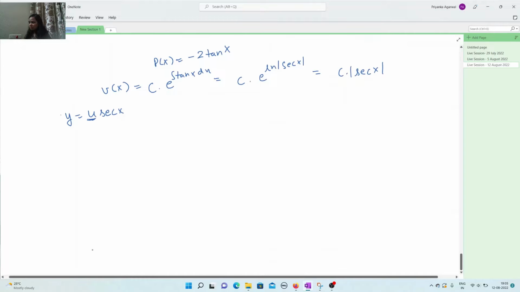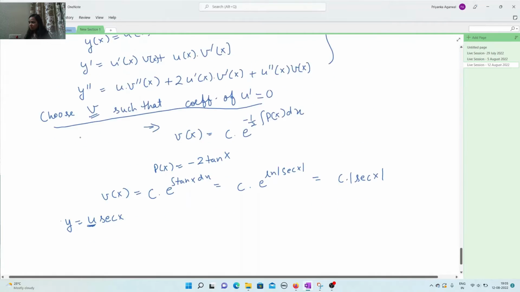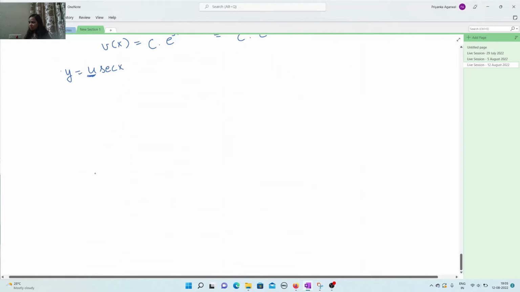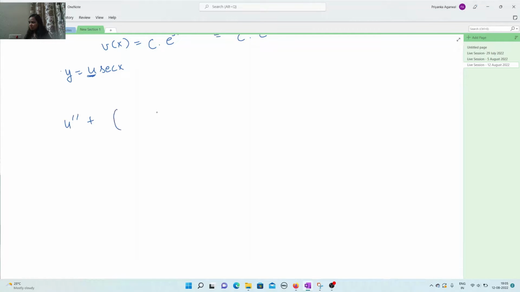Now once we have written this, when we substituted all these in the first equation, our equation was something of the form that is v double dash plus this coefficient v dash plus some u in this one.